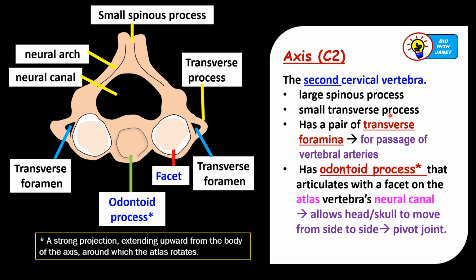It has a small spinous process, small transverse processes. The main feature is the odontoid process that projects outwards when you look at it from the top. And it, of course, has a pair of transverse foramina for the passage of the vertebral artery, especially.